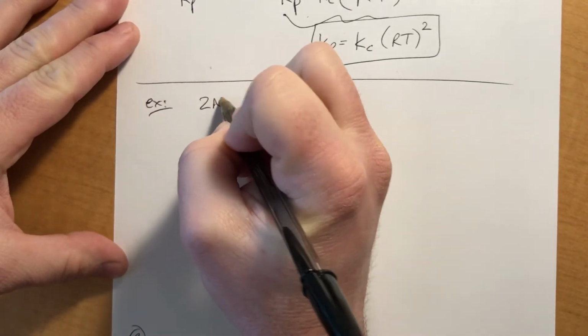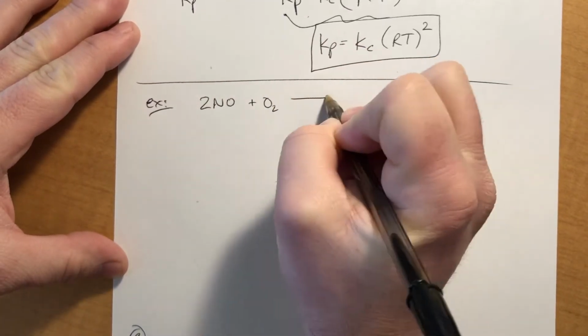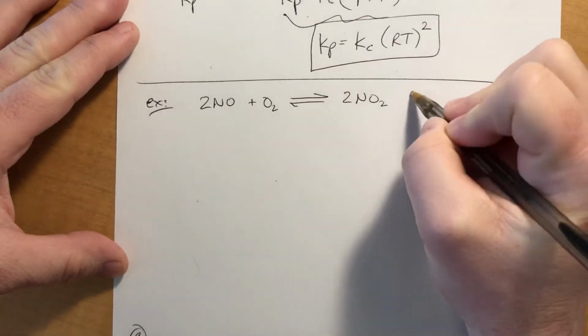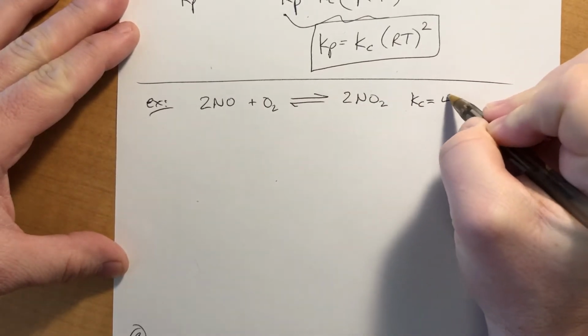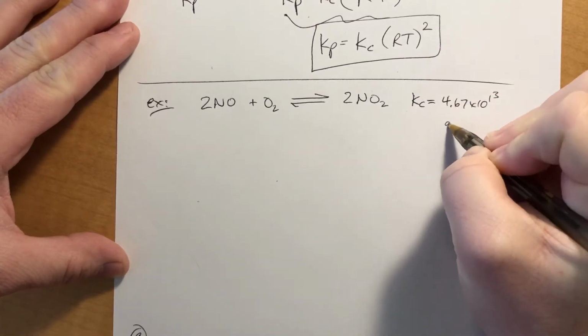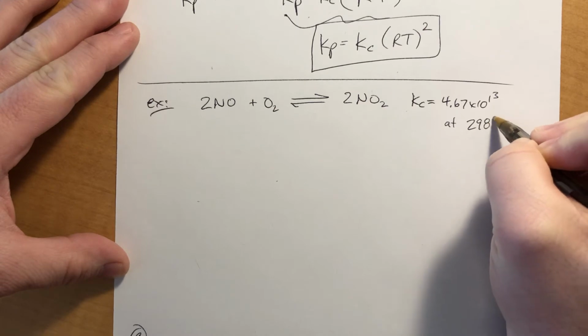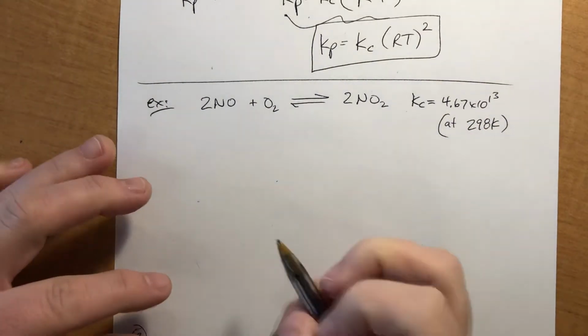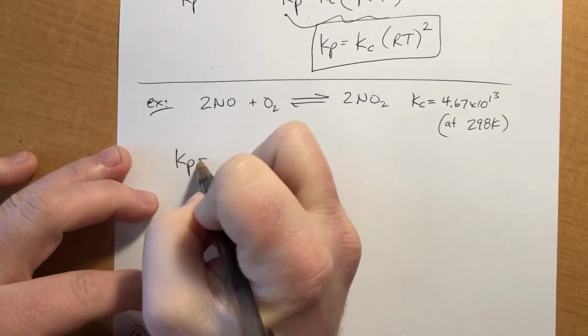So 2NO plus O2 forms 2NO2. Kc was given as 4.67 times 10 to the 13th. We're going to assume this is at 298 Kelvin. That's room temperature. And we want to know, what is Kp?